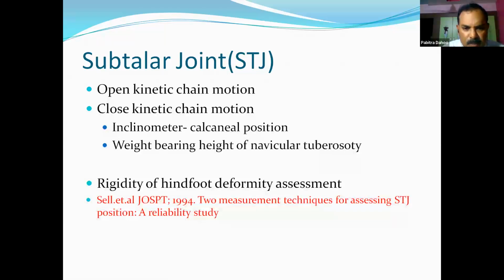This is a paper published in the Journal of Sports Physiotherapy, describing how to assess subtalar joint motion in the weight bearing position. So my point of emphasis here is that the subtalar joint should not remain ignored. It should be evaluated in the early stage, while it is in a dynamic deformity stage.